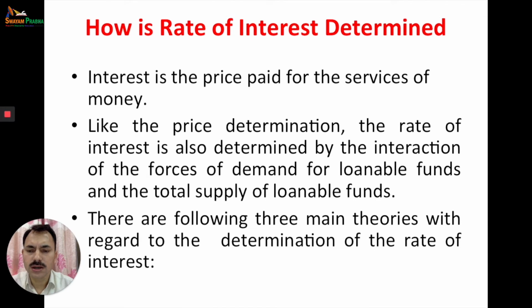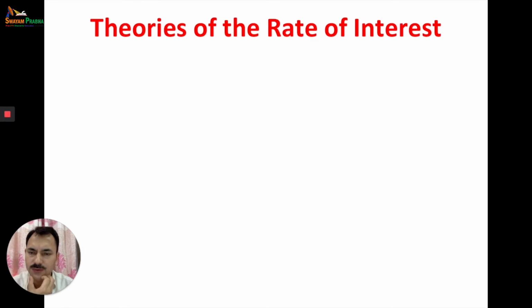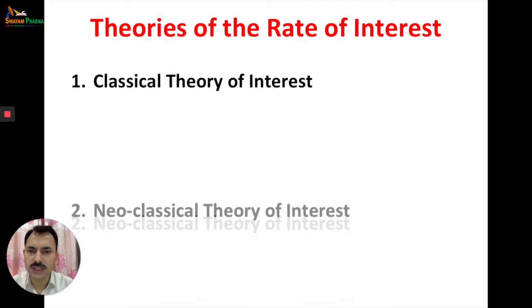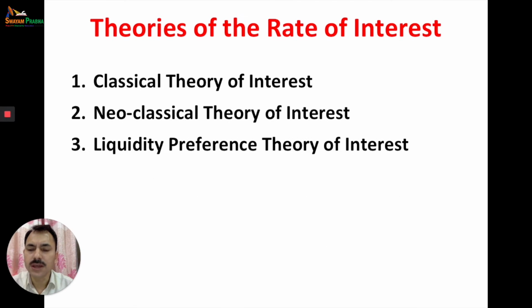So I have already stated that there are three theories on which we have to focus: classical theory of interest, New Classical theory of interest, and liquidity preference theory of interest. There are many theories, but the important theories of determination of the rate of interest are three. Now let us discuss.